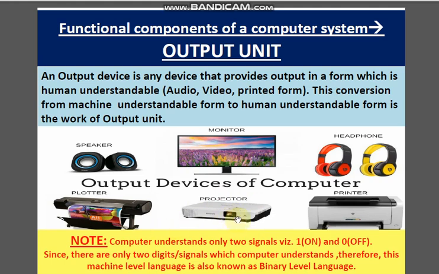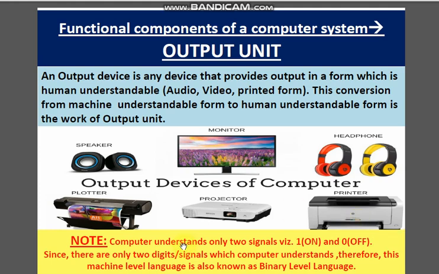Through the projector, the monitor's screen is shown on the projector screen. Printer. This is very common, needless to say. We get printouts on paper, so they are hard copies of whatever work you do in the soft copy form in your system.